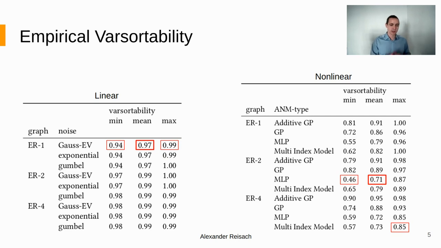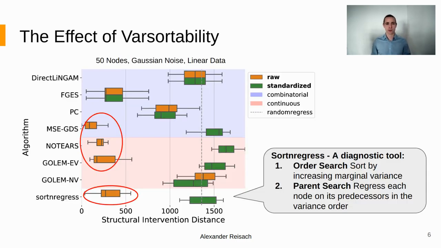You can get lower Varsortabilities, yes, but it tends to be quite high for common choices. And in the linear case, almost close to 1. And in the nonlinear case, on average, still greater than 0.7. So that would mean 70% of the paths within the sample graphs are leading from a low variance to a high variance node.